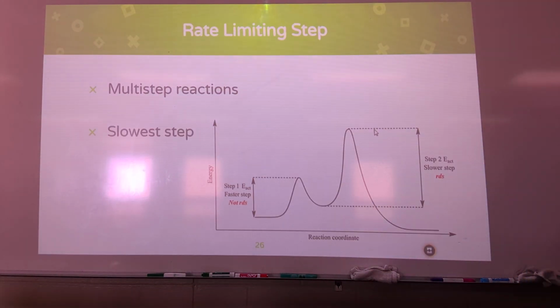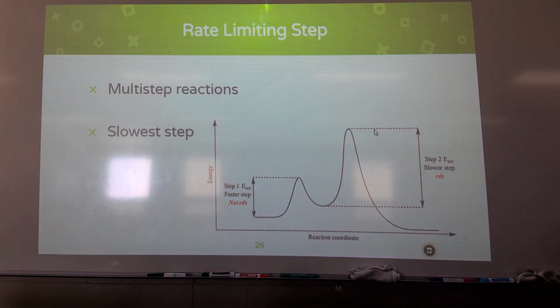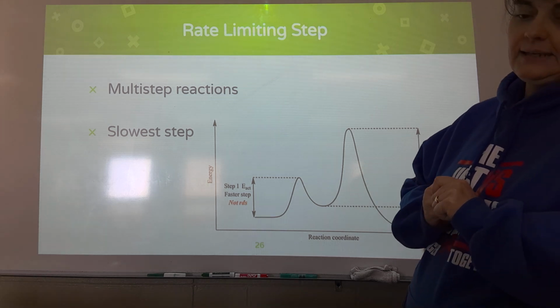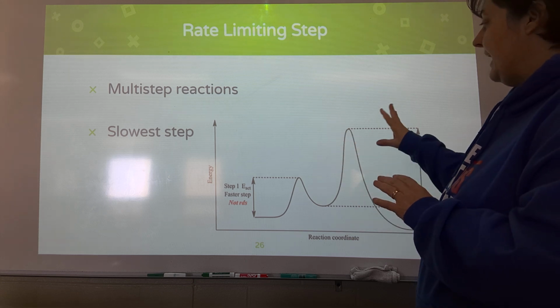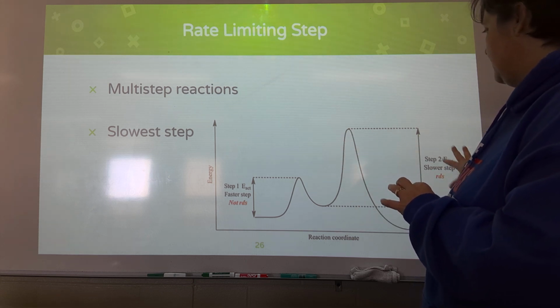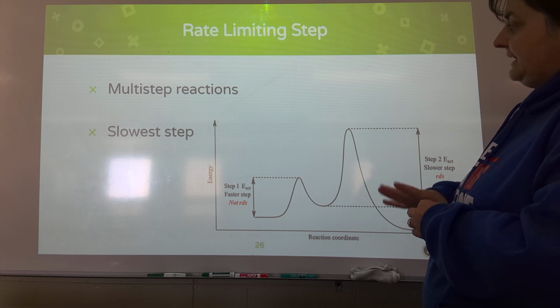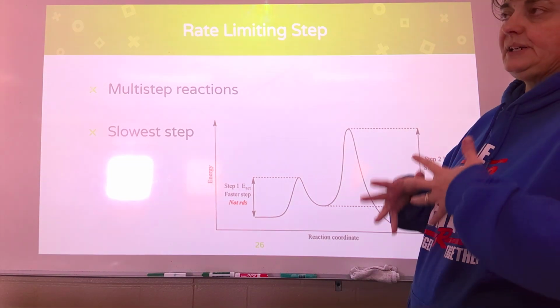So sometimes we can have what's referred to as the rate limiting step in a reaction. And so what I have here is called a reaction progression graph. And we've got multiple activation energies that have to be met here in order to form several different transition states.